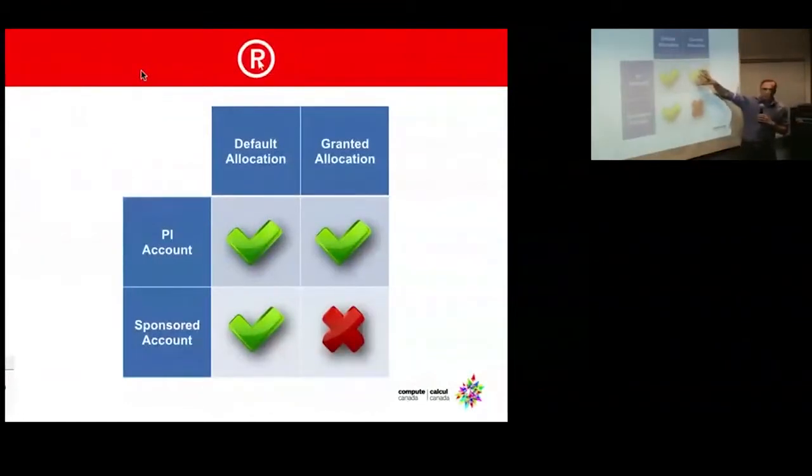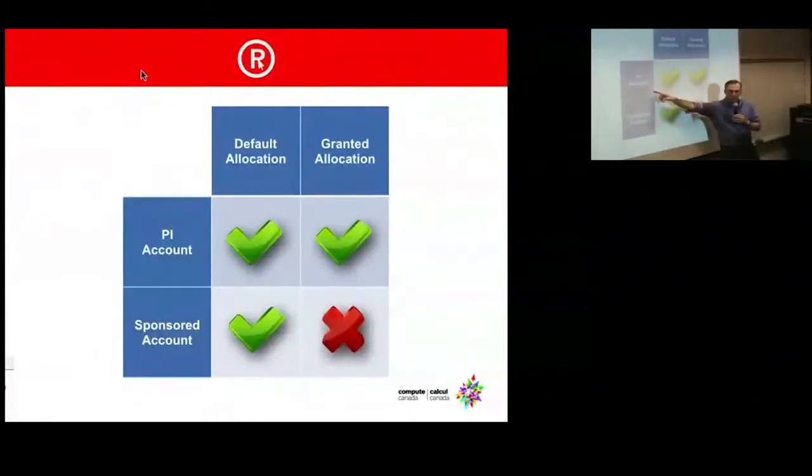We will give a large chunk of our resources to research projects that show clear scientific merit and clear technical competence, right? We want to give this power to the researchers that are able to make use of these systems to do the kind of important work that Canadian researchers do.